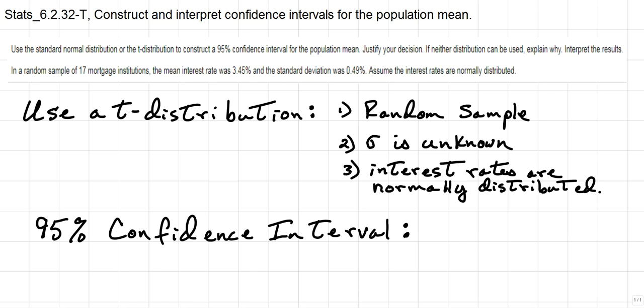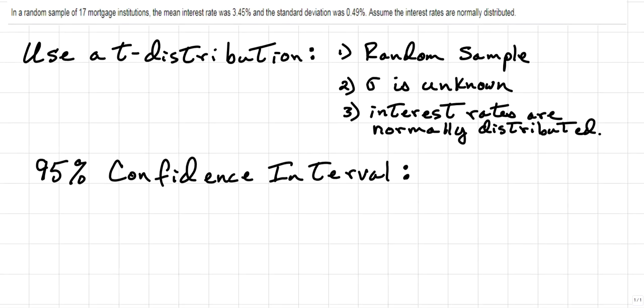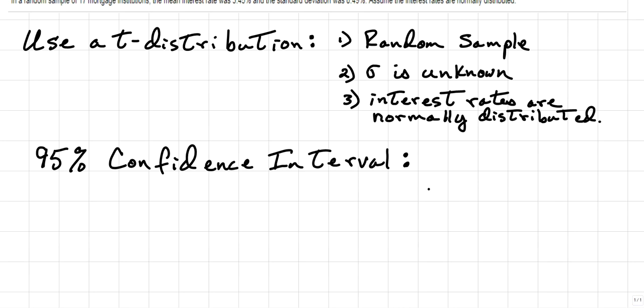confidence interval. And we'll be using the formula for confidence interval that includes our error, which will be t sub c times the standard deviation s, over the square root of the sample size n.